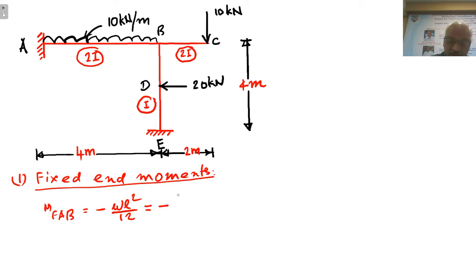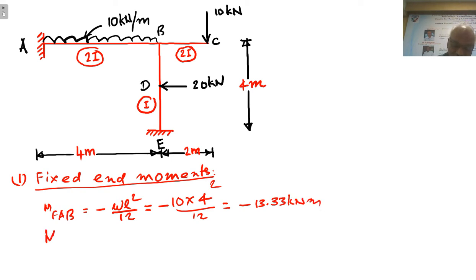Therefore, W is 10, L is 4, so 4 square by 12, that is equal to minus 13.33 kilonewton meter.